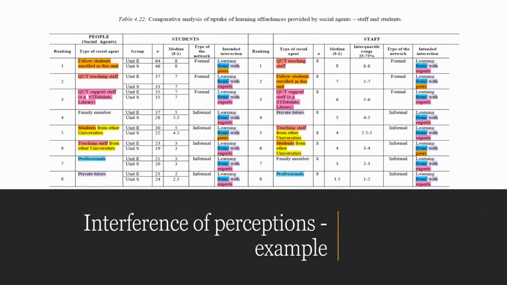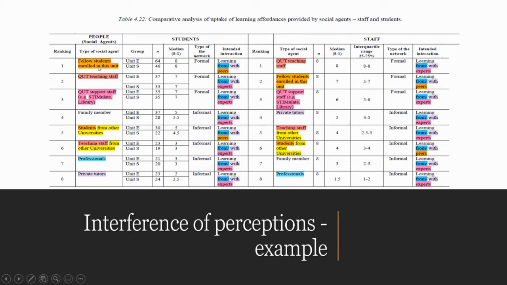So, for example, this is the analysis which I've done. That's the comparative analysis of uptake of the affordances provided by social agents, seen by staff and by students. And when you have a look at that, I color mapped this to see clearly. Some discrepancies were not so big.